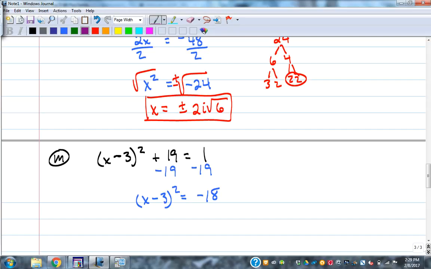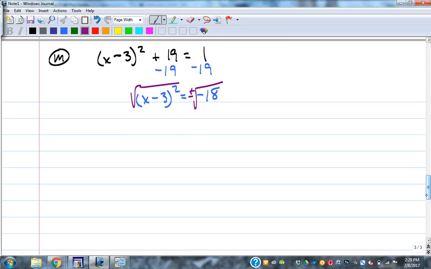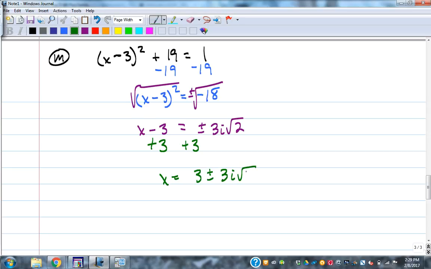Now what? Take the square roots. Plus or minus on that side. So x minus 3 is equal to plus or minus what? 3i radical 2, good job. And then we get x by itself. Plus 3. 3 plus or minus 3i square root of 2.